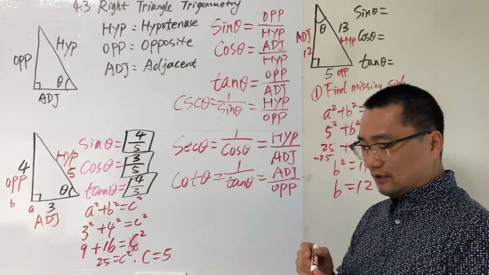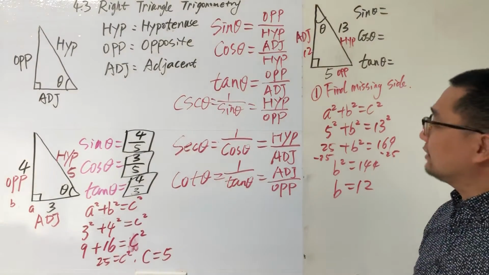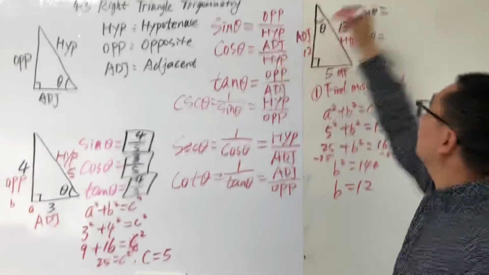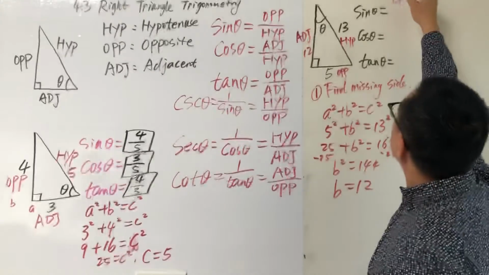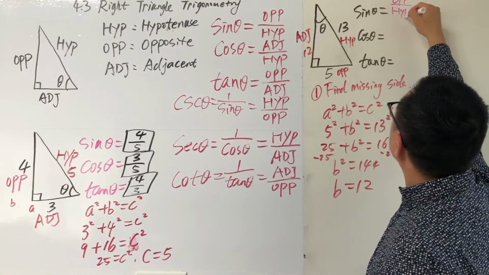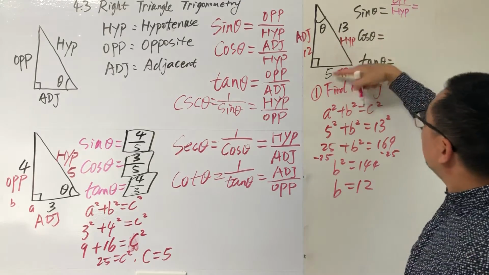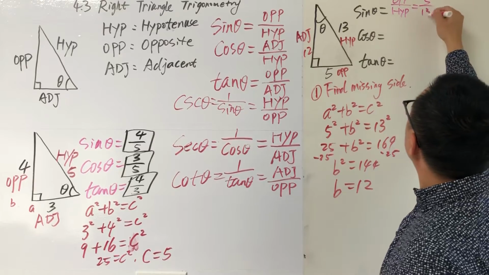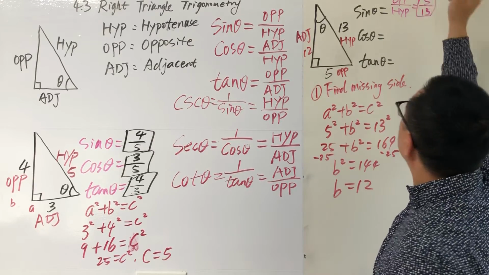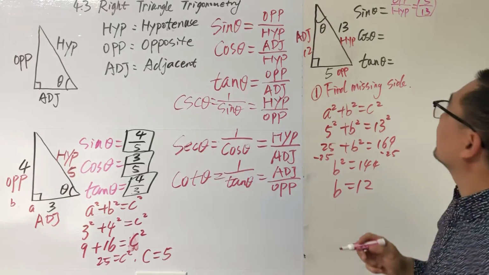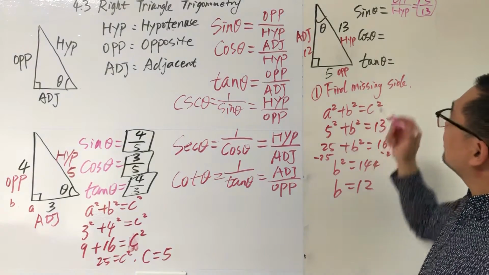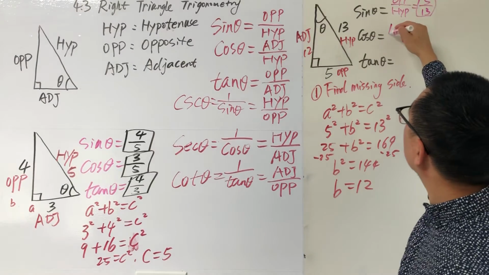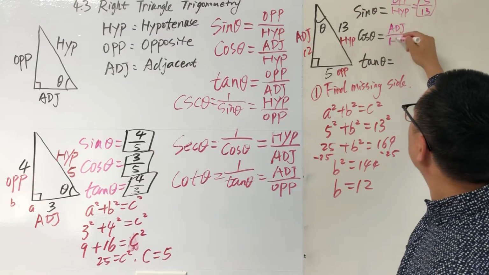Okay? So now we need to find out what sine is. So based on the definition, sine is opposite over hypotenuse. So that means opposite is 5 over hypotenuse is 13. So that means sine theta is 5 over 13. Okay? So cosine theta: cosine is adjacent over hypotenuse.